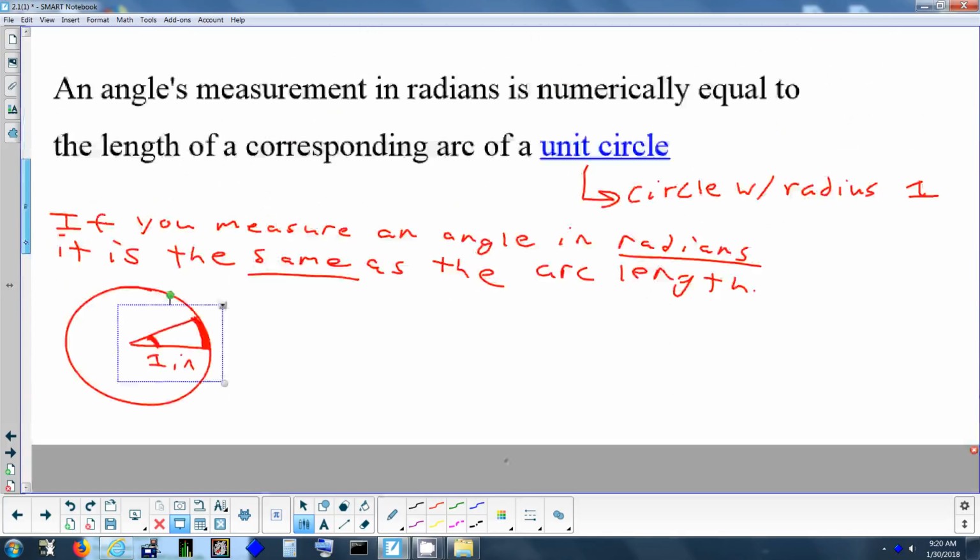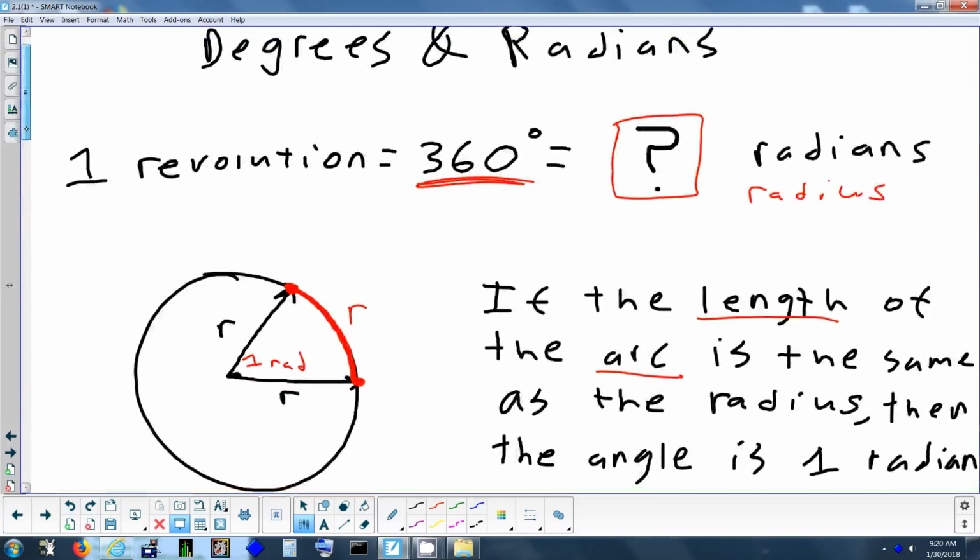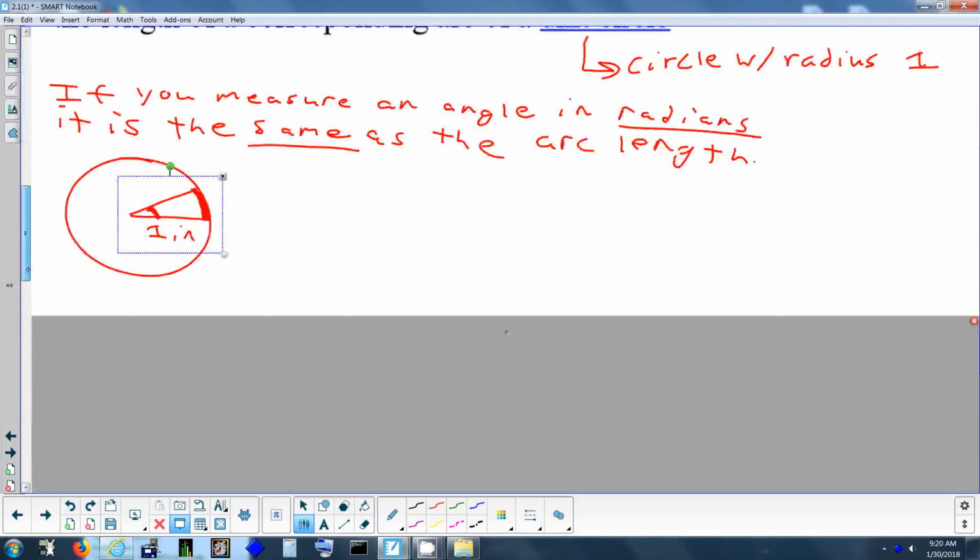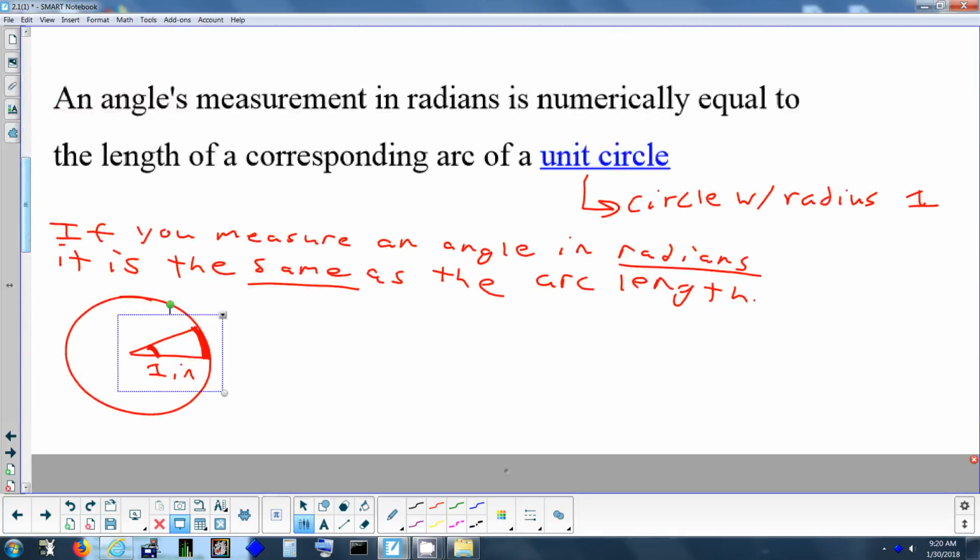Well, instead of figuring out how many radians are in 360 degrees, this just says right here, I could just measure the arc that goes all the way around the circle, and that number will come out exactly the same as how many radians go all the way around the circle. Right? So the angle in radians is the same as the length of the arc.